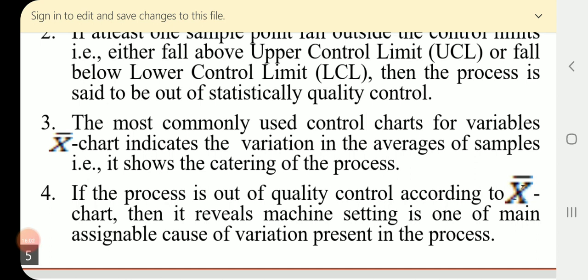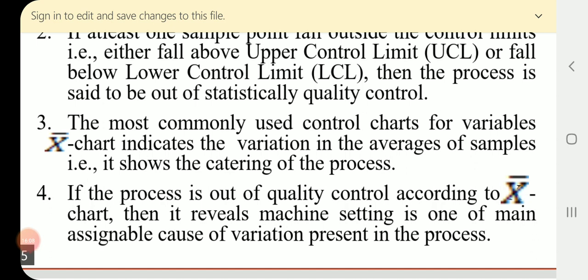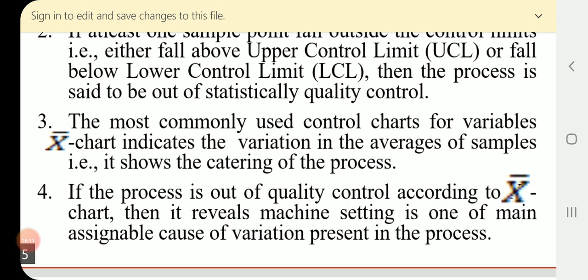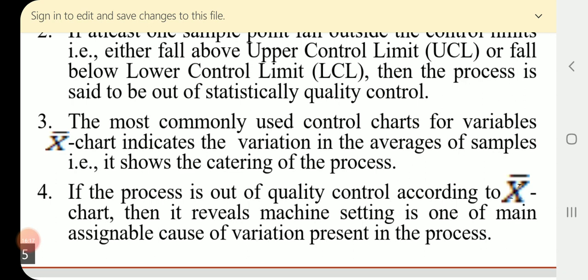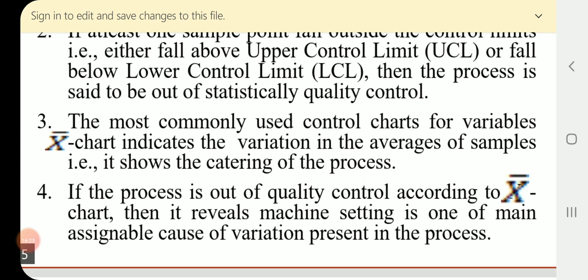then it reveals machine setting is one of the main assignable causes of variation present in the process. So while observing the process, if you observe that according to XBar chart, the process is out of control, then we can specify it as cattering. The process is going to be scattered according to the mean. It is not a variation observed through the variance or standard deviation.